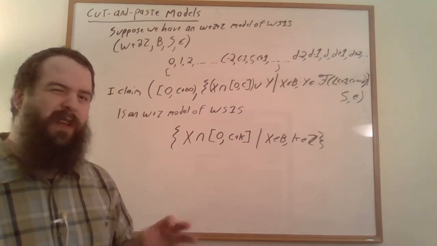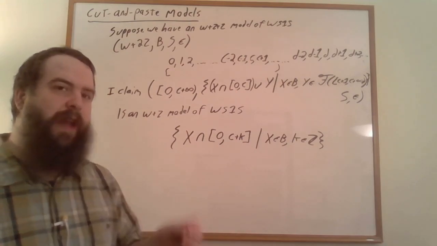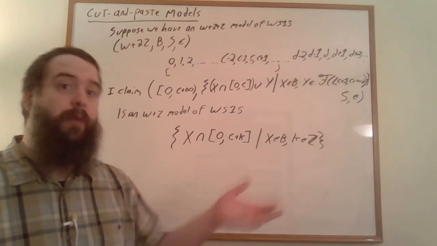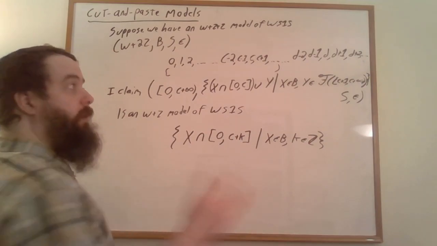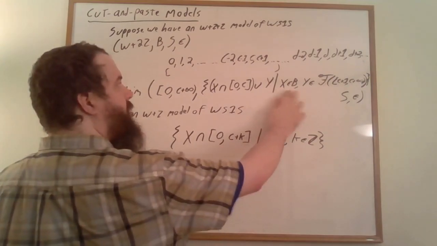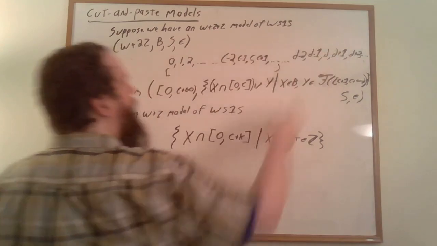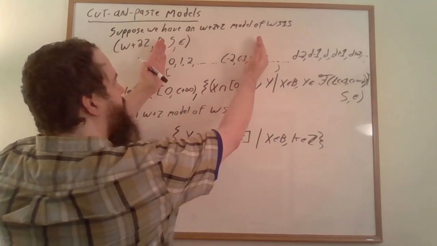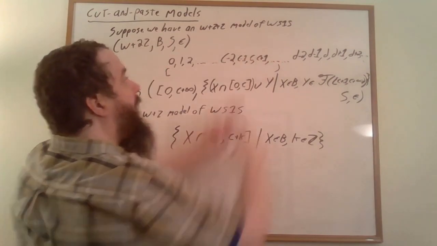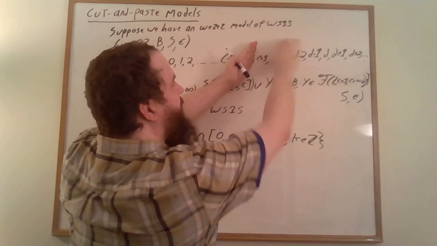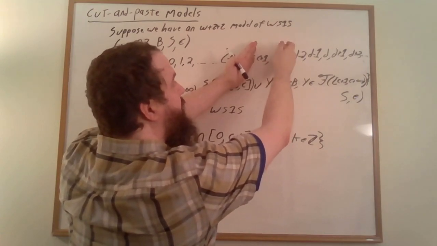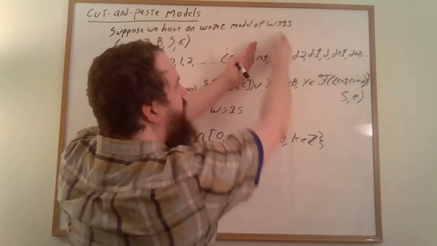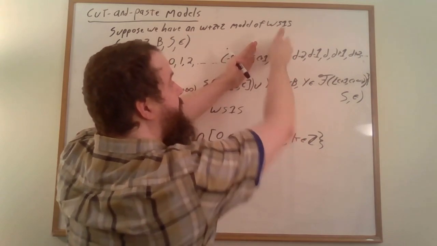But I want to use kind of weird notation here in order to set up for a generalization that I'm going to do later. So what we're going to do is take our second order elements of our original model and restrict them just to this closed interval here from 0 to c. And then we're going to tack on some finite subset of this interval here from c plus 1 all the way up to this infinite cut here.